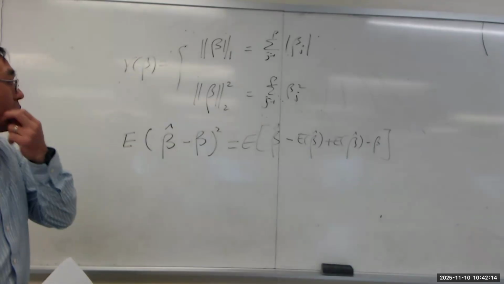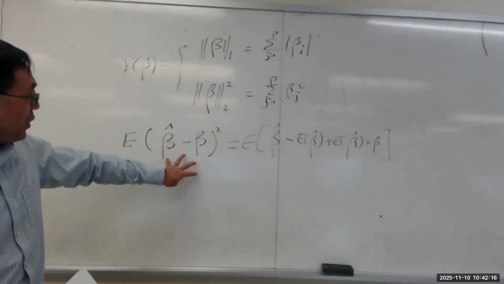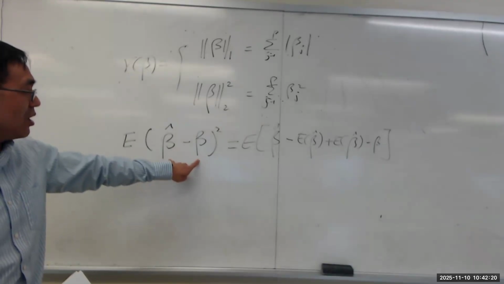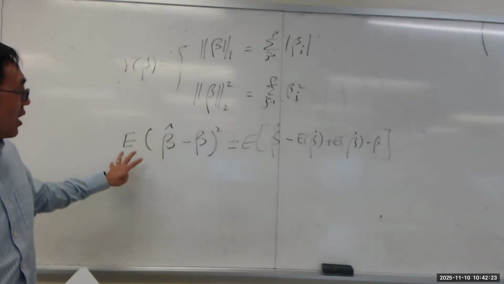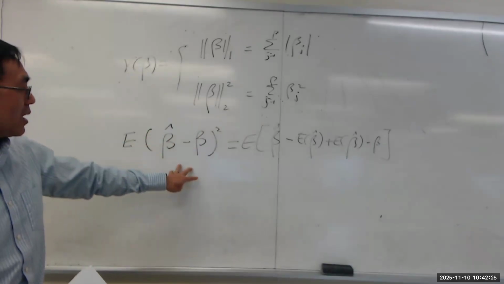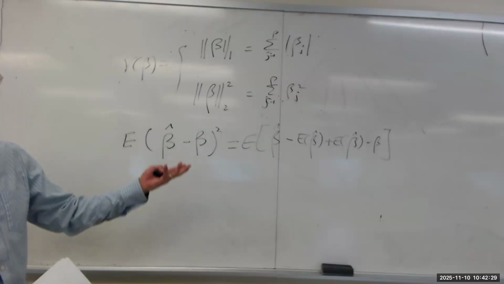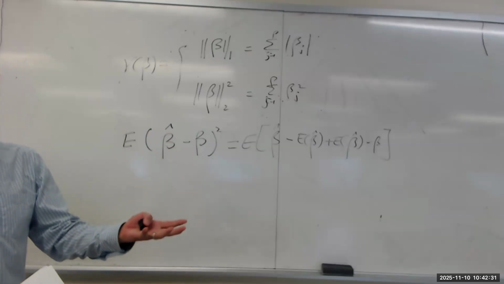Typically, the distance between the estimation and your true value, squared, with the expectation taken, is called the expected error. This is a measurement of how good your estimation is.